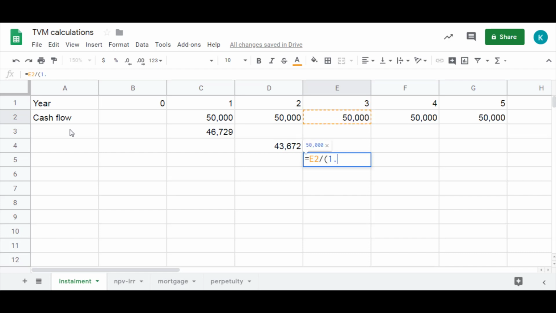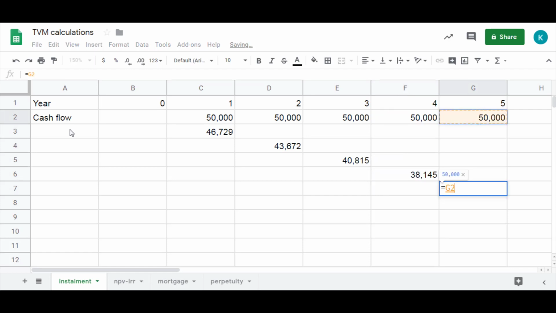Let me do this very quickly. And as we can see here, the present value of each of these cash flows declines as we move further out in time. That's because the time value of money says the further out, the less valuable that cash is going to be for you.